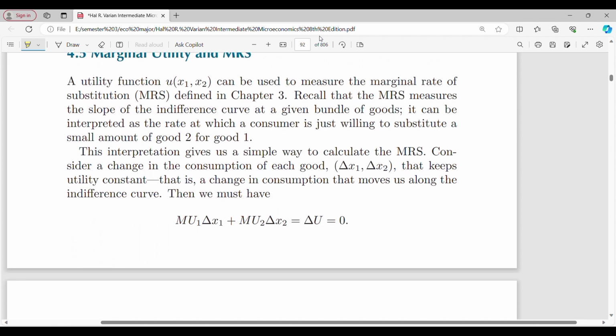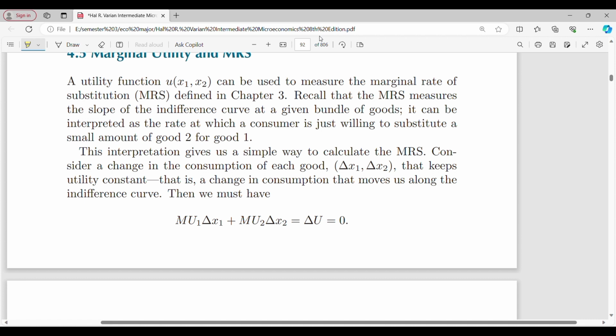So, a utility function u of x1 and x2 can be used to measure the marginal rate of substitution. What is MRS? The willingness to pay. Okay, that is how much you are willing to substitute good 1 for good 2.